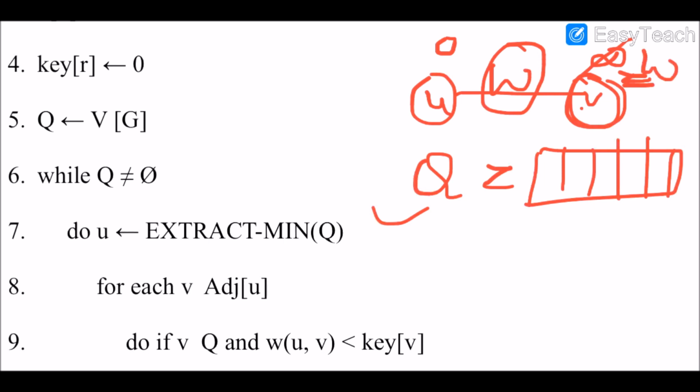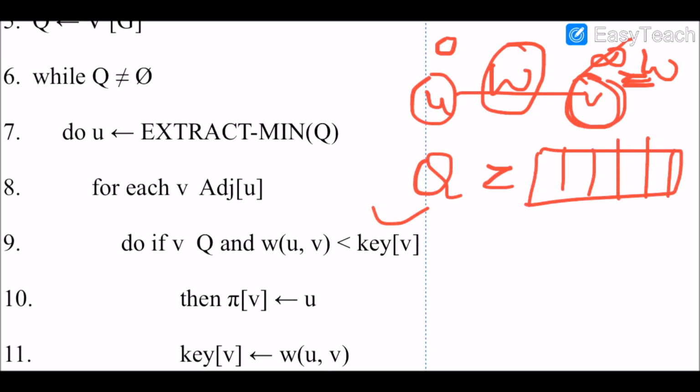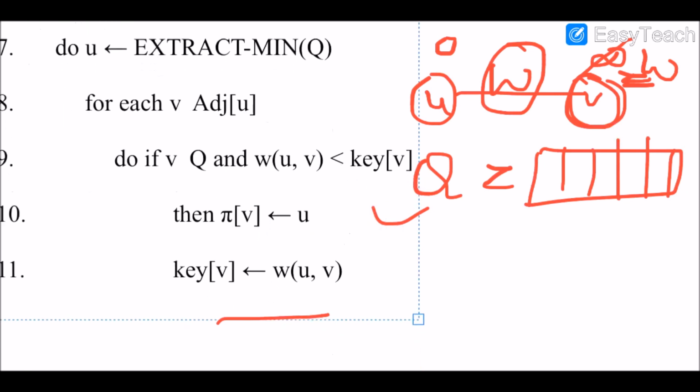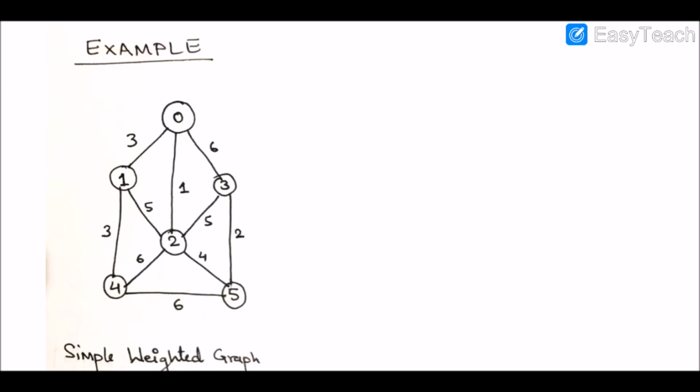This is the last step: if v belongs to Q, that means this node has not been traversed and is still in the queue, and the weight of uv is less than the key of v, then u will become the previous node of v. That means pi of v will be updated with u, so u is the previous node of v in the traversal of the tree, and the key value of v will become w of uv.